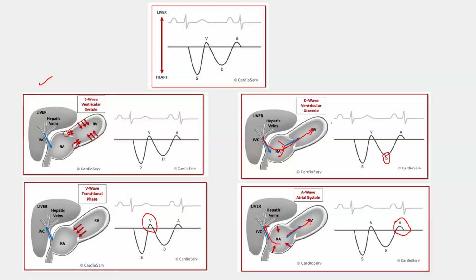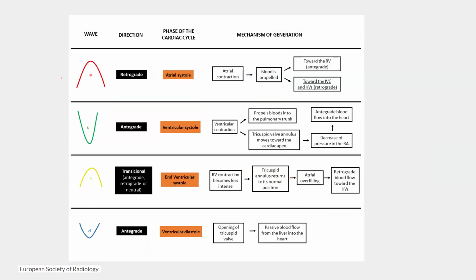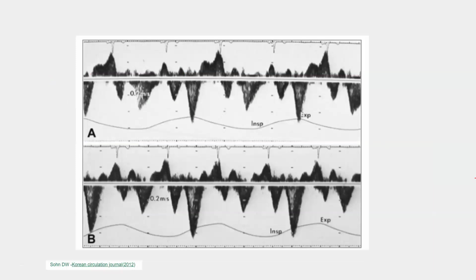The hepatic venous Doppler. Okay. So now if I have this one, look at this one. This is inspiration. This part is inspiration. And this one is expiration. Inspiration and expiration. This is what?